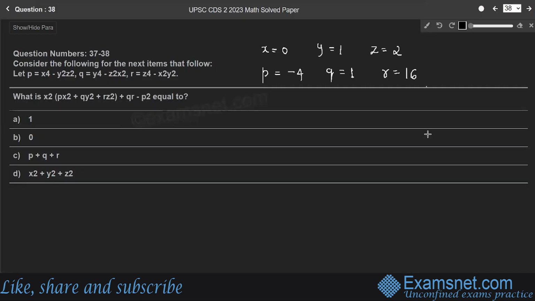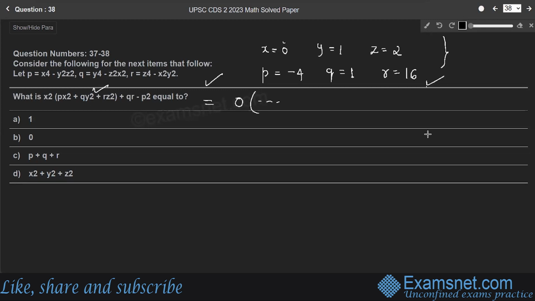So in the previous question, we have taken the values of x, y, z as 0, 1, 2, and we have got values for P, Q, R as minus 4, 1, and 16 respectively, right? Based on these values, we need to find x square into (Px square plus Qy square plus Rz square) into (QR minus P square), right? So which is equal to x square is 0 into the second term, Px square plus Qy square plus Rz square, right?